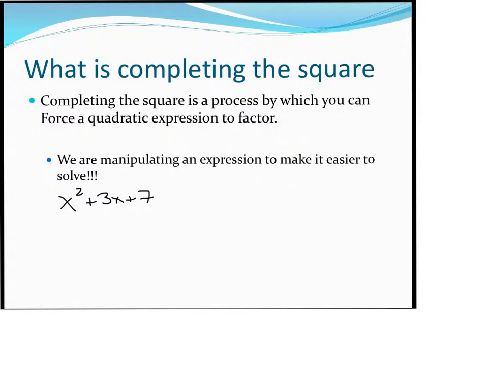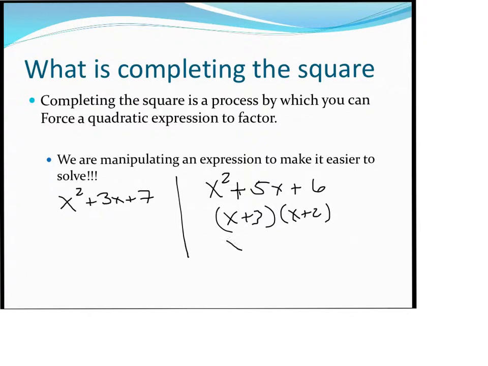If we had the expression x squared plus 5x plus 6, we would factor it to (x plus 3)(x plus 2), and we would find what are called our zeros or our x-intercepts.